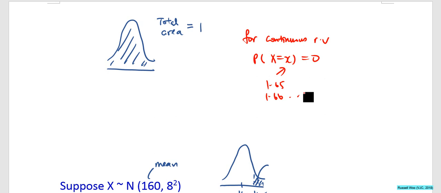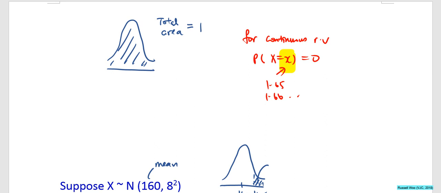The probability that X equals a specific value for a continuous random variable will always be 0. The reason is this. Do we all agree that for a continuous random variable, there are infinitely many different values of X? It can be 1.6, 5, 2, 3, a lot of different values.